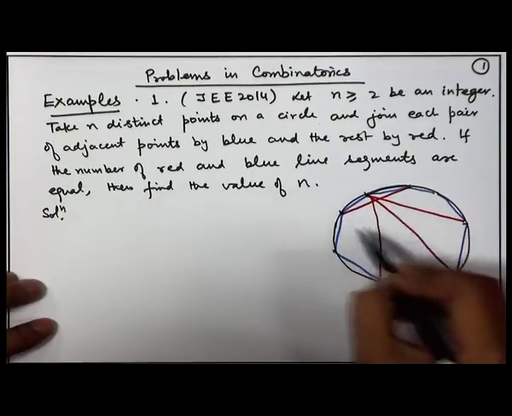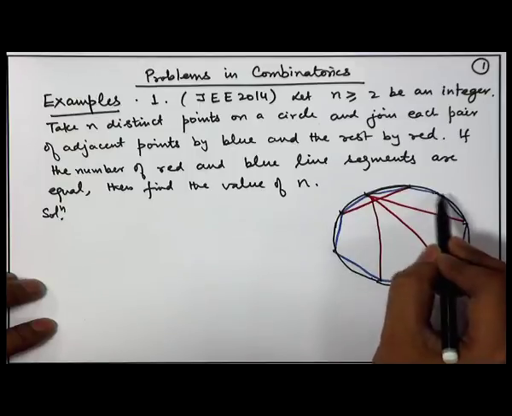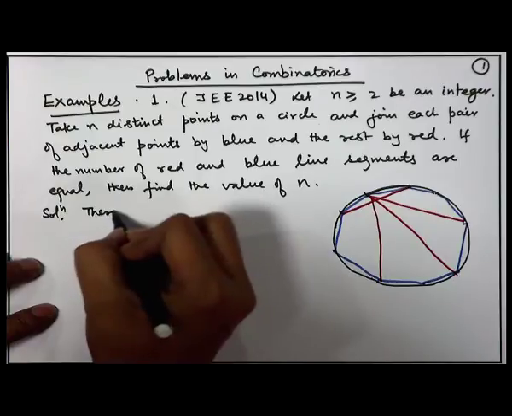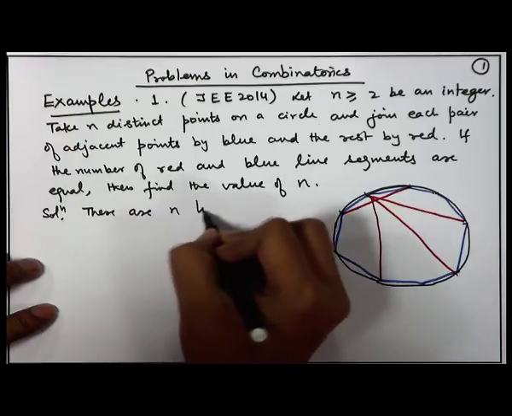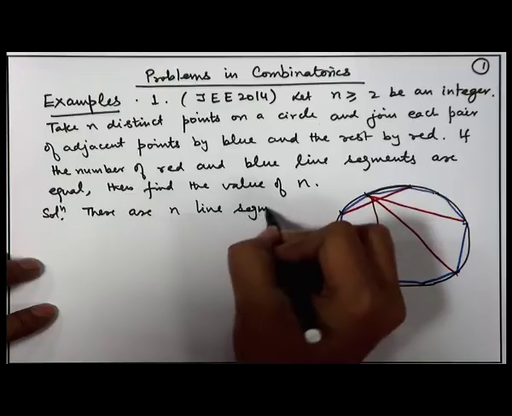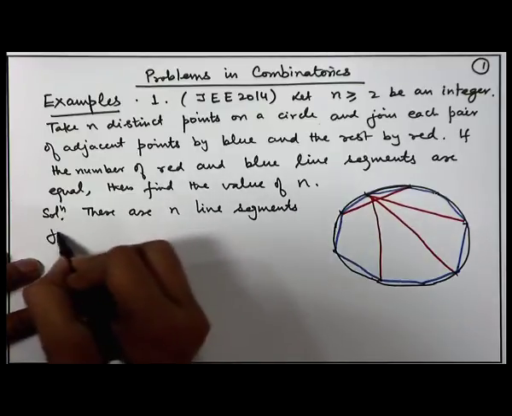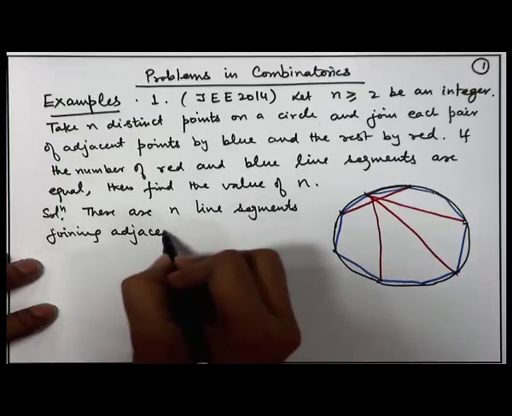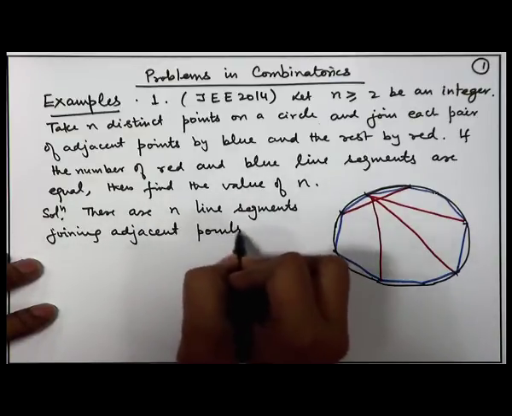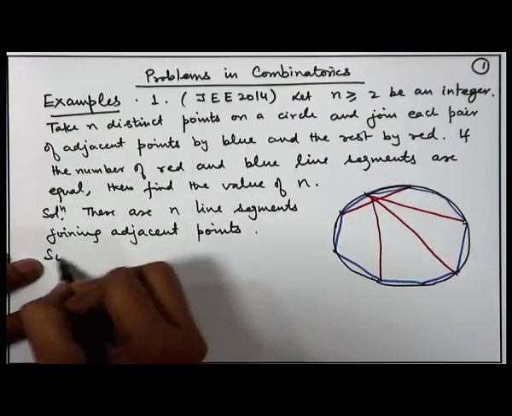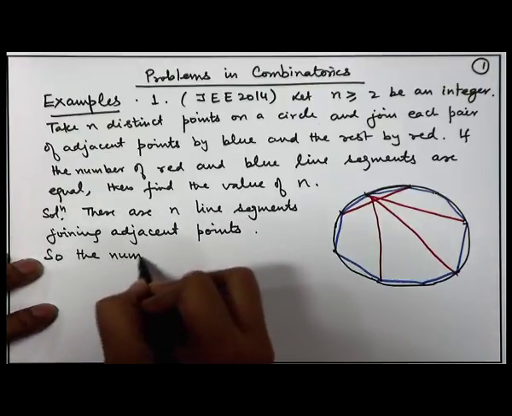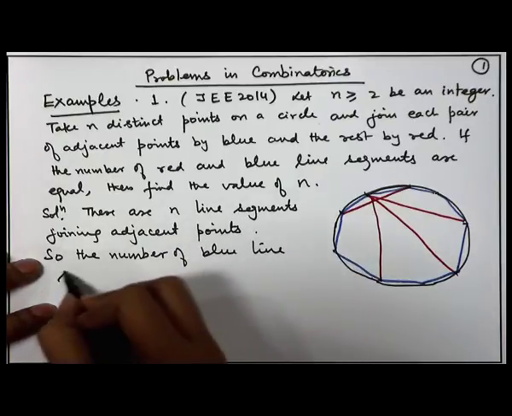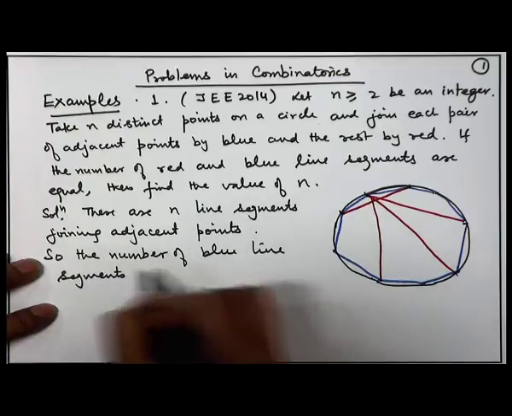If there are n points, then if you join them, there will be exactly n line segments joining adjacent points. So, the number of blue line segments is n.